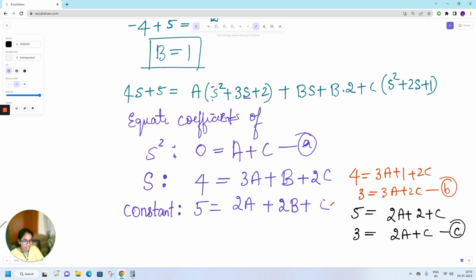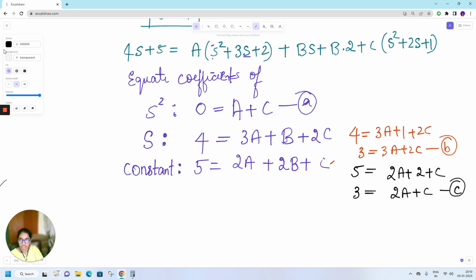Now, we have equations A, B and C. Take any two equations and simplify. It is your wish, you would get the same terms. Let me take equation A. In equation A, what I'll do first is multiply by 2. What would I get then? I would get 2a plus 2c is equal to 0. This is our equation A into 2.